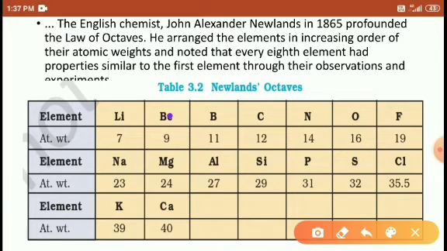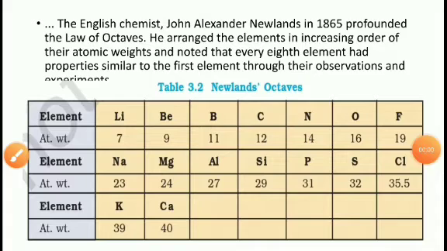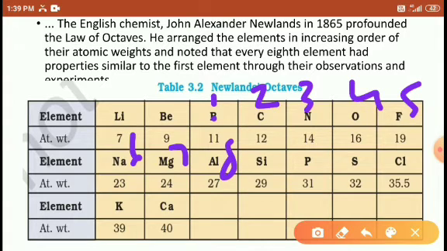Next, beryllium. Beryllium is considered the first element, means 1, 2, 3, 4, 5, 6, 7, and magnesium is the eighth element. So beryllium and magnesium both belong to the same group because they exhibit the same properties. If boron is considered the first element, then second, third, fourth, fifth, sixth, seventh, eighth, boron and aluminium belong to the same group.